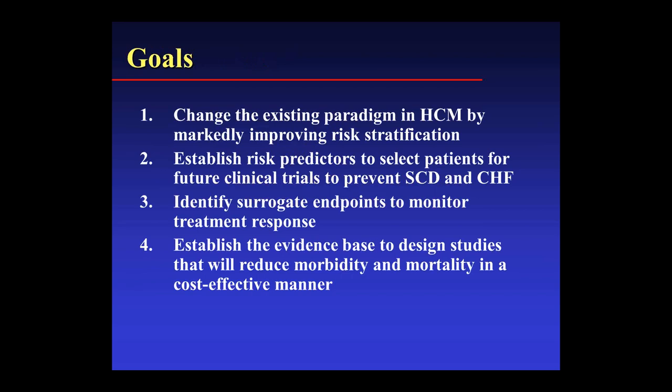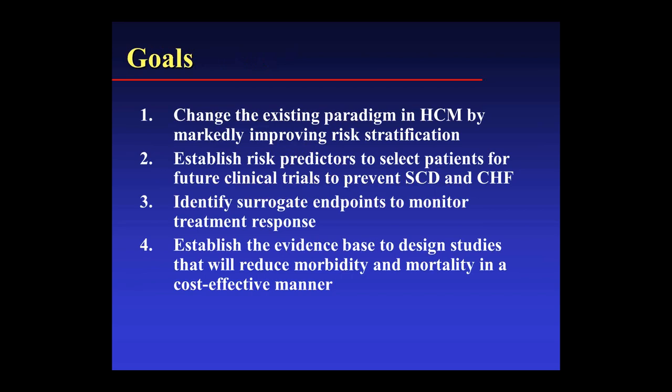The goals of HCMR are the following. One is to change the existing paradigm in HCM by markedly improving risk stratification over and above the presently used clinical predictors. Number two is establish risk predictors to select patients for future clinical trials to prevent sudden cardiac death and prevent the development of congestive heart failure.